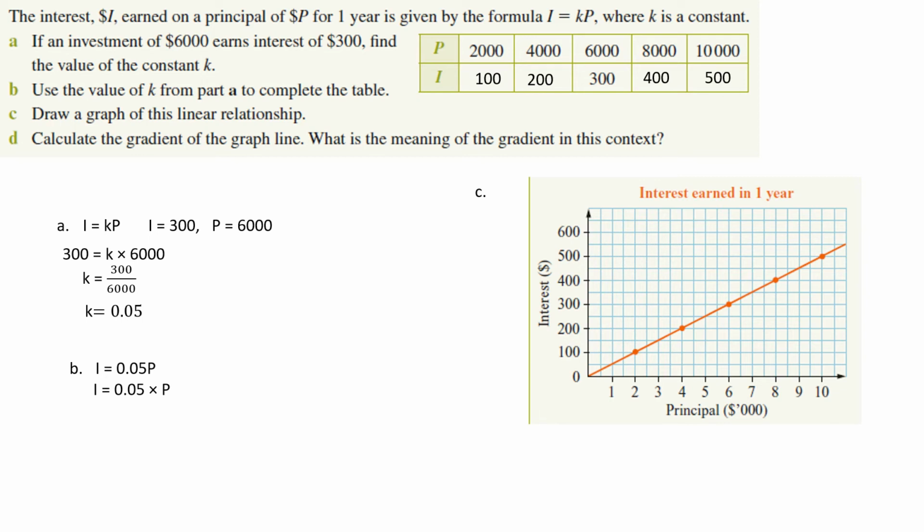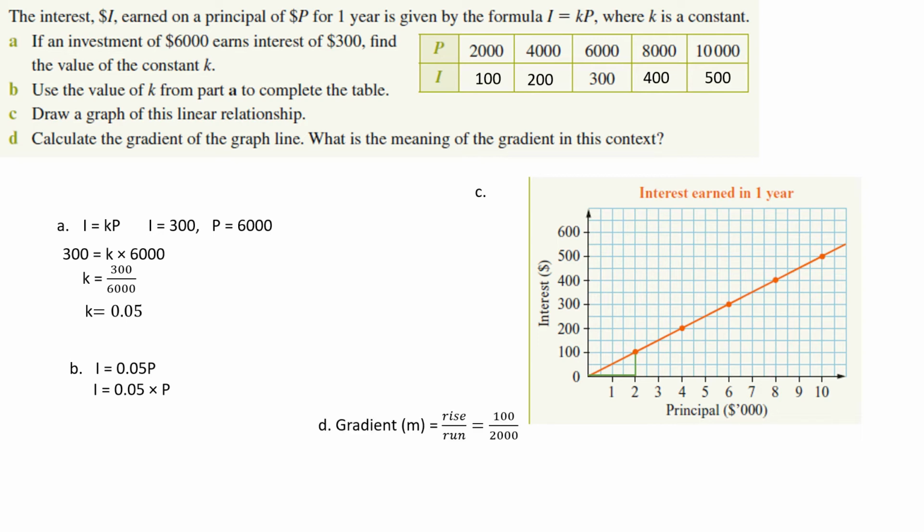So we pick a point that we can easily then count rise over run. Here I've picked 0 because this equation starts at 0. Now I can go across to 2, so my run is 0 to 2, and my rise is going to be from 0 to 100.